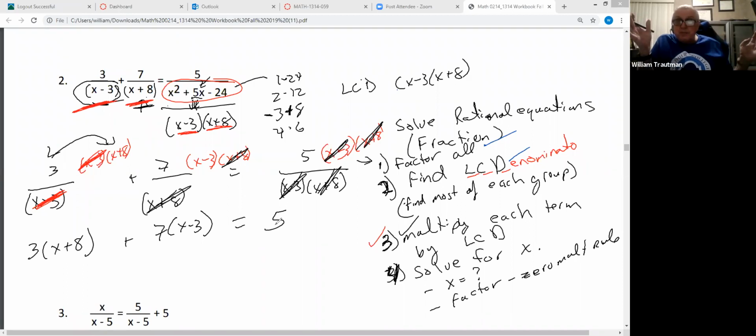That's it. Step 3 is done. We multiplied everything by the LCD. We canceled, and we didn't distribute yet, but this is what we're at. Now we're going to solve for x.